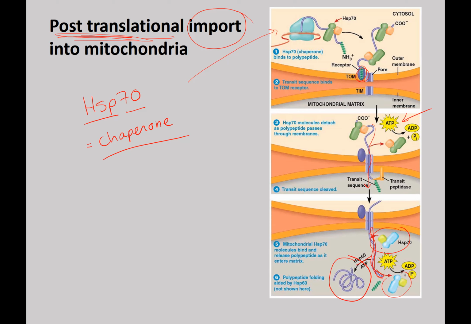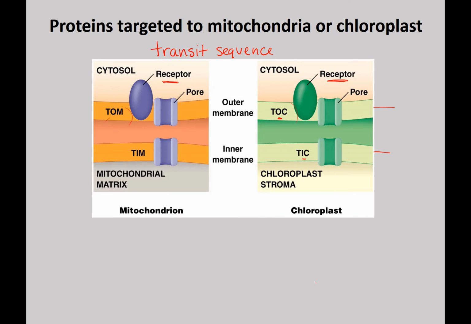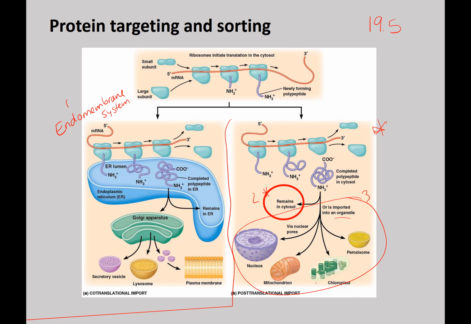So here's HSP60, okay, heat shock protein 60. So all these heat shock proteins are also what we call chaperones. Post-translational import means it's getting to its destination after it's been translated. So this would happen for all of these different organelles being targeted. Okay.